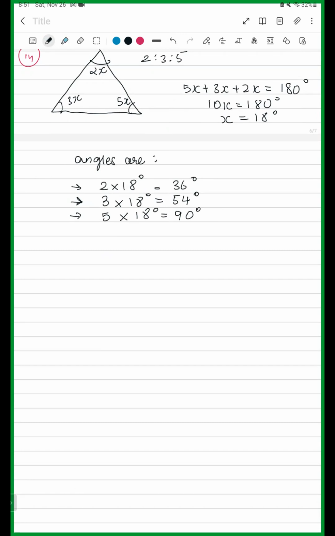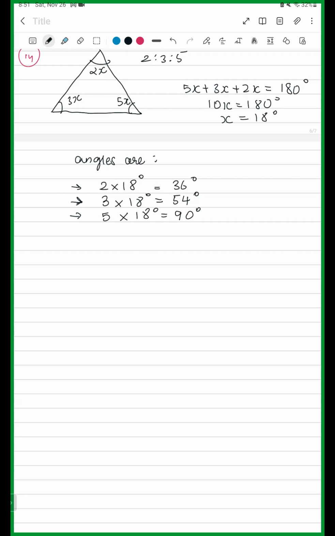Okay, good. What are the final angles that you have gotten? What's the final answer, Hiba? X is equal to 18. X, but we are not supposed to find x, right? We're supposed to find the three angles.